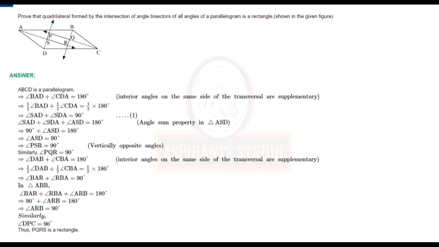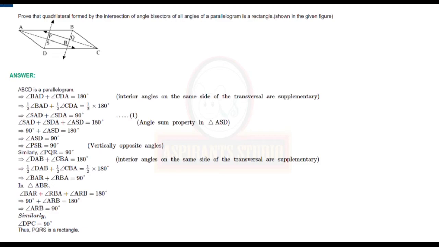So instead of measure of angle SAD plus measure of angle SDA, replace by 90 degrees because of equation 1. So you get 90 degrees plus measure of angle ASD is equal to 180 degrees. Therefore, measure of angle ASD will be equal to 180 degrees minus 90 degrees, that is equal to 90 degrees.